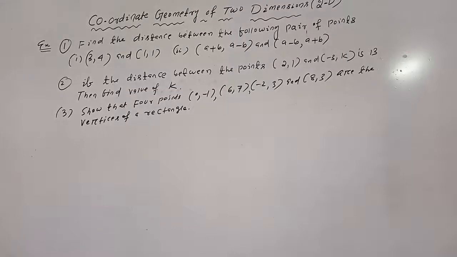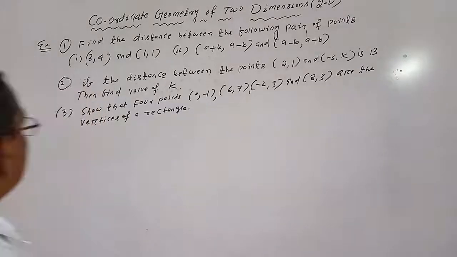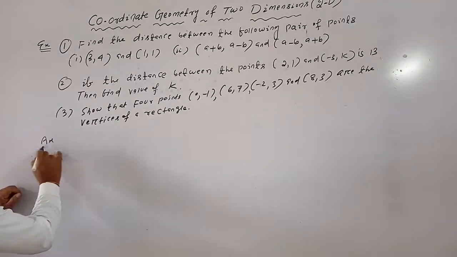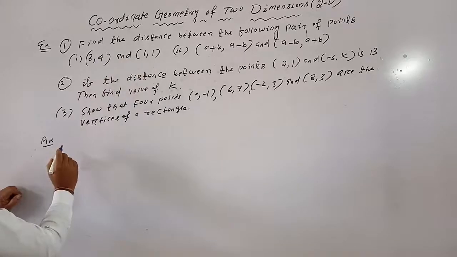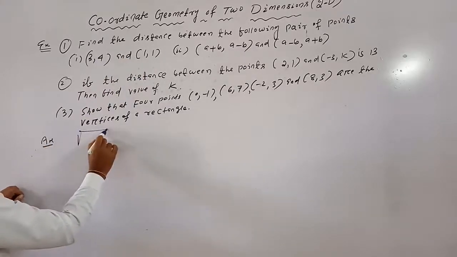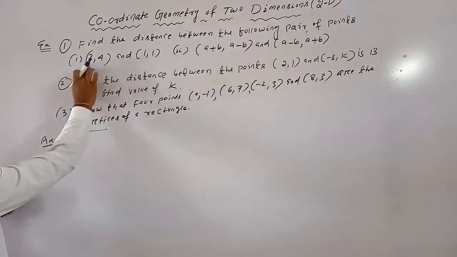Question number 1: find the distance between the following pairs of points. Number 1: (3, 4) and (1, 1). Answer 1. So the distance equals the square root of the x coordinate difference squared plus the y coordinate difference squared.